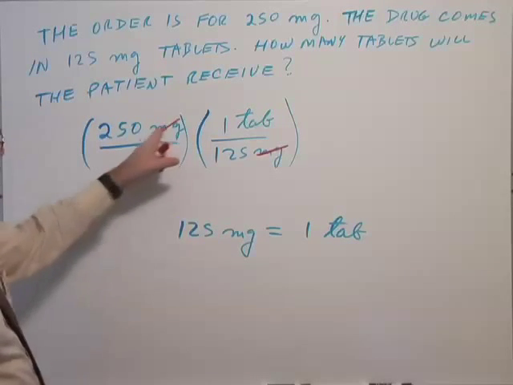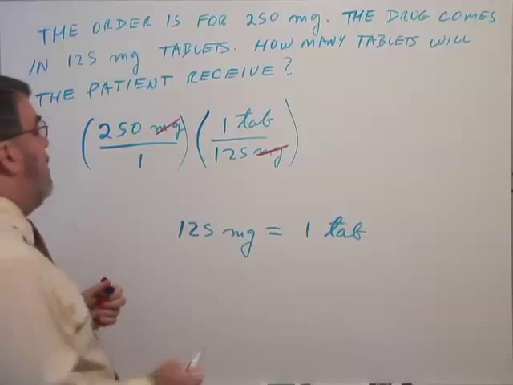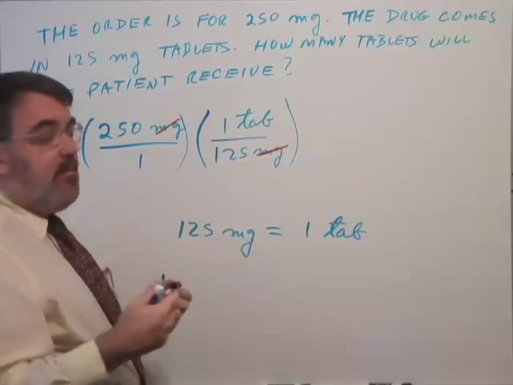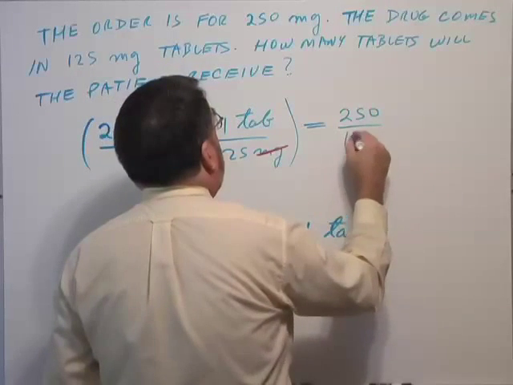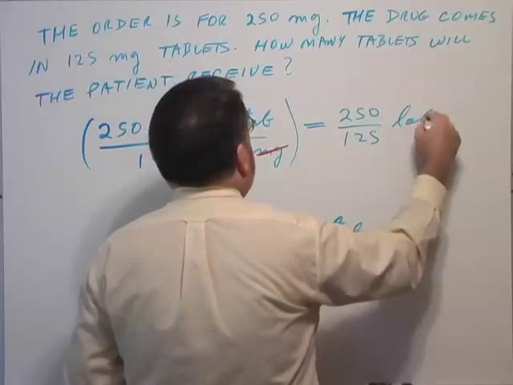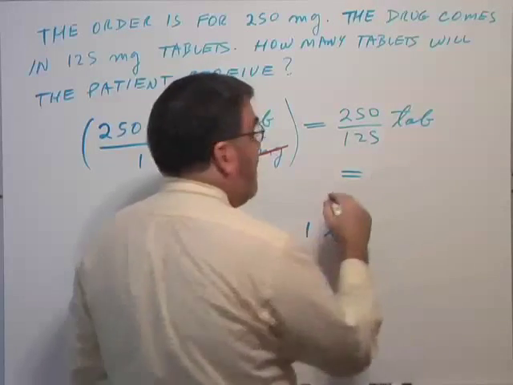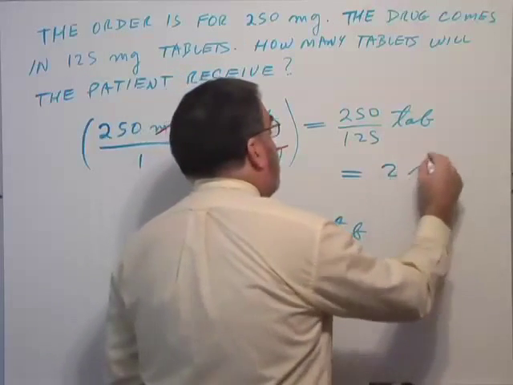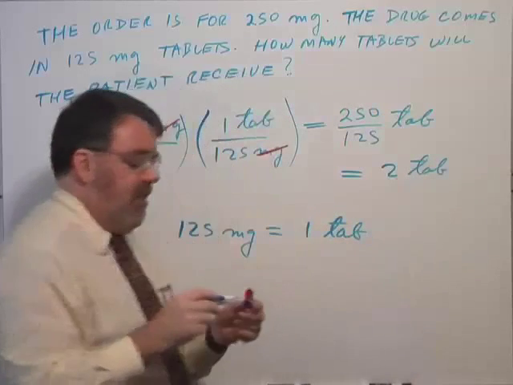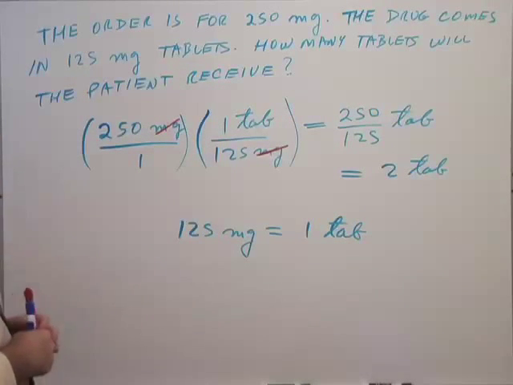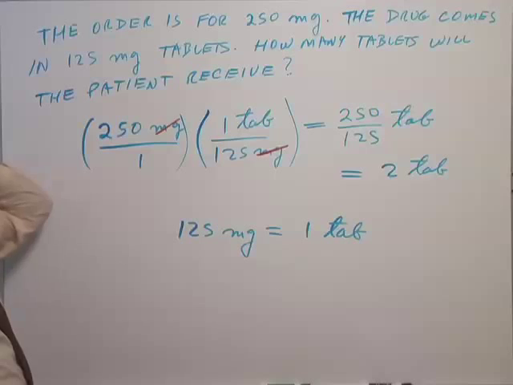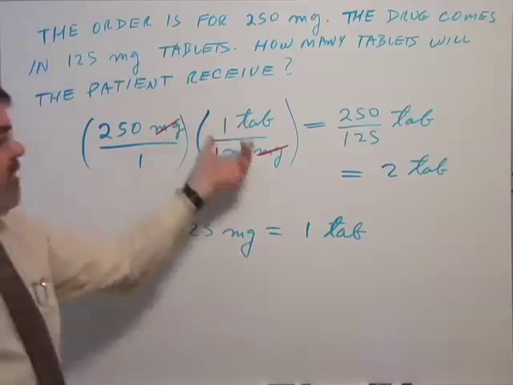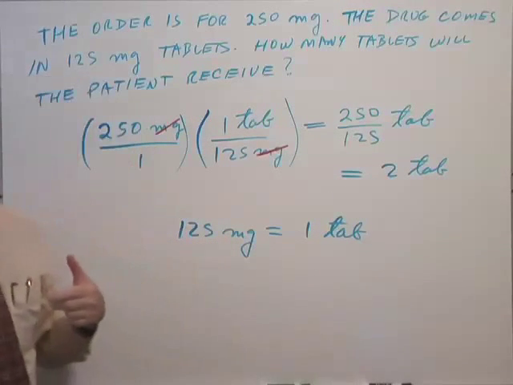Alright, so these units canceled, and my units left over are tablets, which is what we're looking for. So this comes out to be 250 over 125 tablets, and that's an easy one. That's 2 tablets. So there's what we'll give the patient. So again, very fundamental type of problem. We begin with the dosage that's ordered, prescribed, and then we do a conversion into the form in which the patient will take the drug.